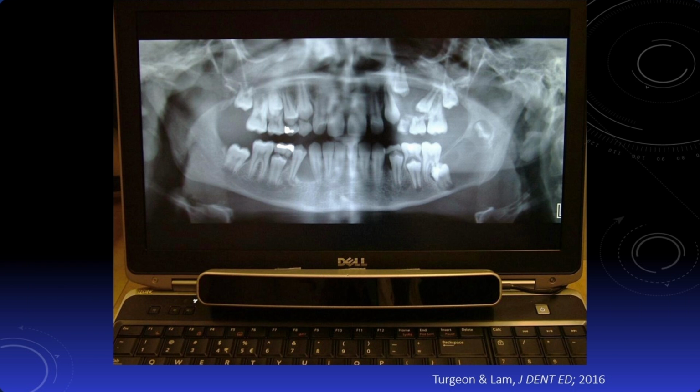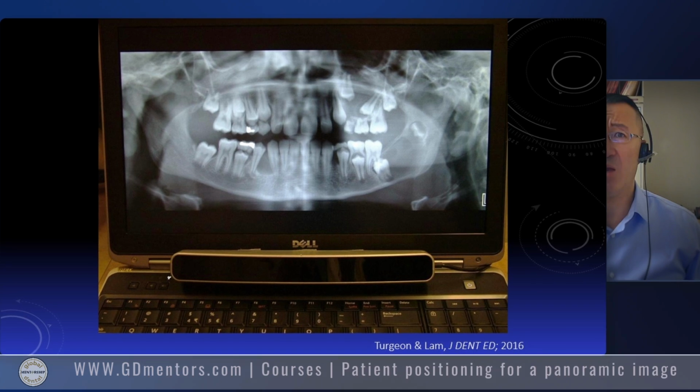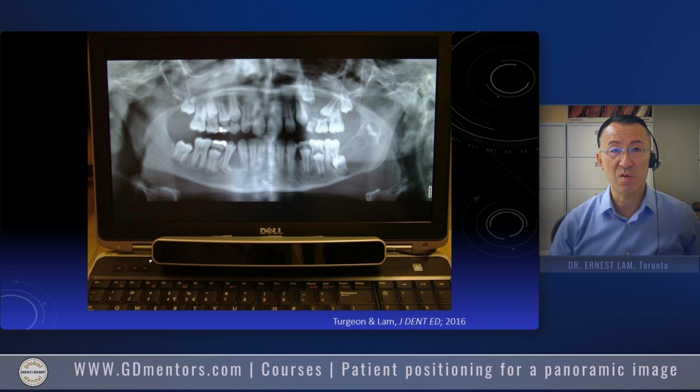A number of years ago now, we were interested in understanding how individuals looked at panoramic images and how their eyes tracked across a large panoramic image to find abnormalities.